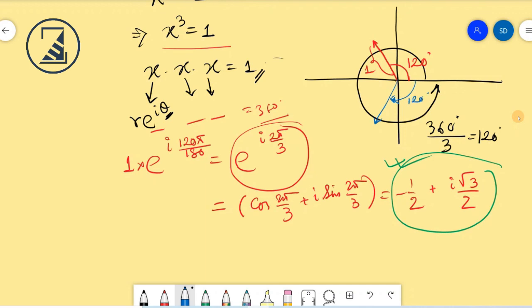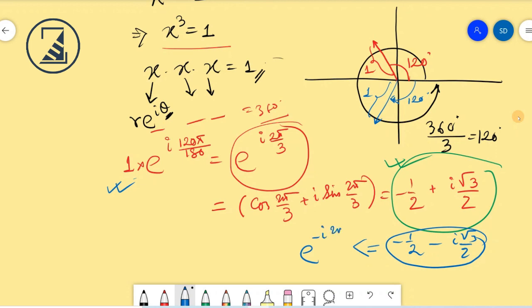This is 120 degrees and the length is 1. You can find the other solution also using the same method, and that will be minus half minus i root 3 by 2, which is the polar format e to the power minus i 2 pi by 3.